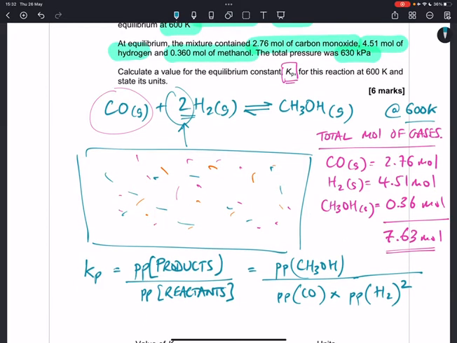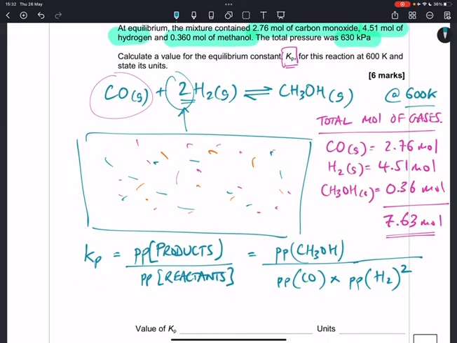So all you do then is you work out what the actual pressure is. The partial pressure is, for example, for carbon monoxide, 2.76 moles out of the total of 7.63 moles is the fraction, the part that's due to carbon monoxide. And the total pressure is 630. So the pressure that's due to the carbon monoxide is a fraction of the 630 kilopascals in this case.